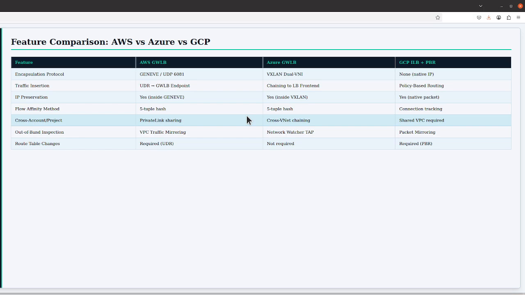All three platforms support flow affinity for stateful inspection. AWS uses a 5-tuple hash. Azure uses a 5-tuple hash as well. GCP's internal pass-through NLB uses connection tracking to maintain session stickiness. All three remove unhealthy NBA instances from the pool automatically based on health check failures.